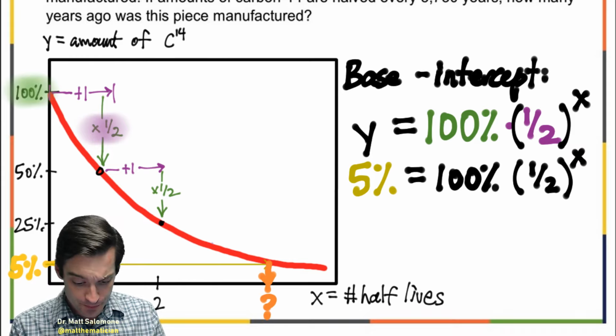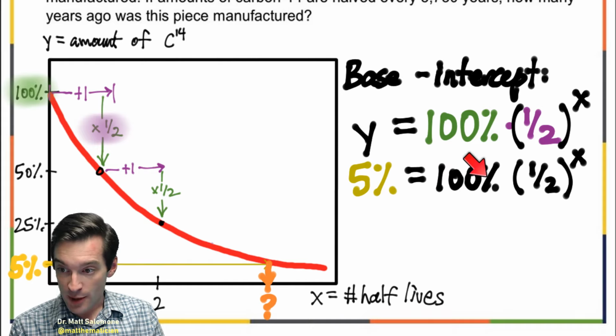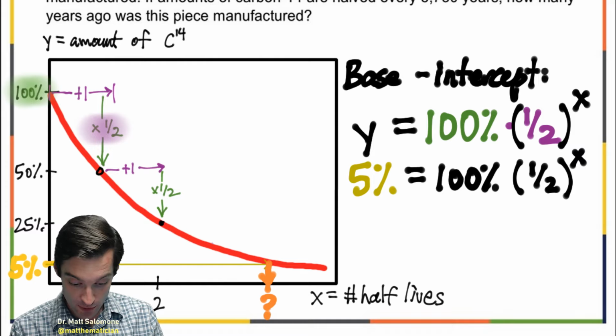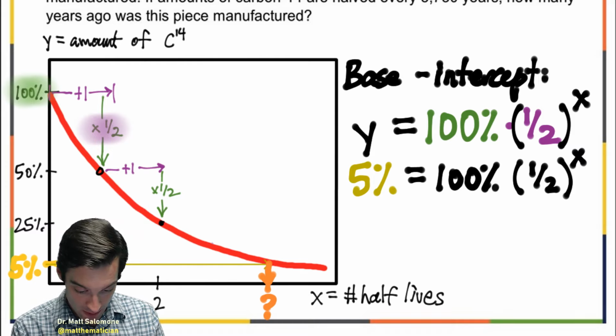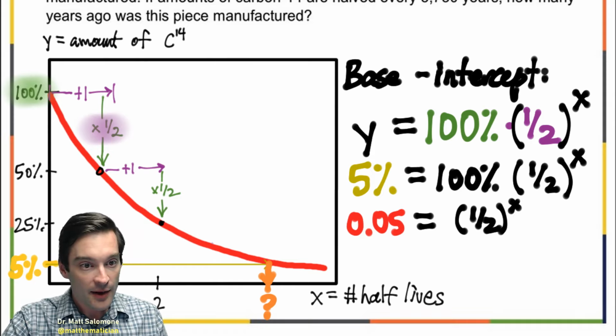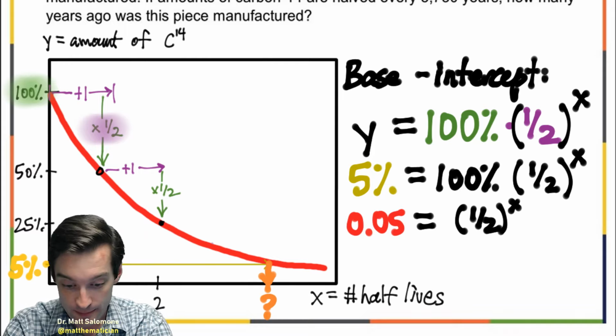And so I'm going to divide both sides of my equation by 100%. So 5% divided by 100% is going to be my new left-hand side. 5 divided by 100 is 0.05. And then I'm going to be left with just 1/2 to the power x. And now that I have that 1/2 to the power x, I ought to be able to convert that exponential equation into a logarithmic equation instead.